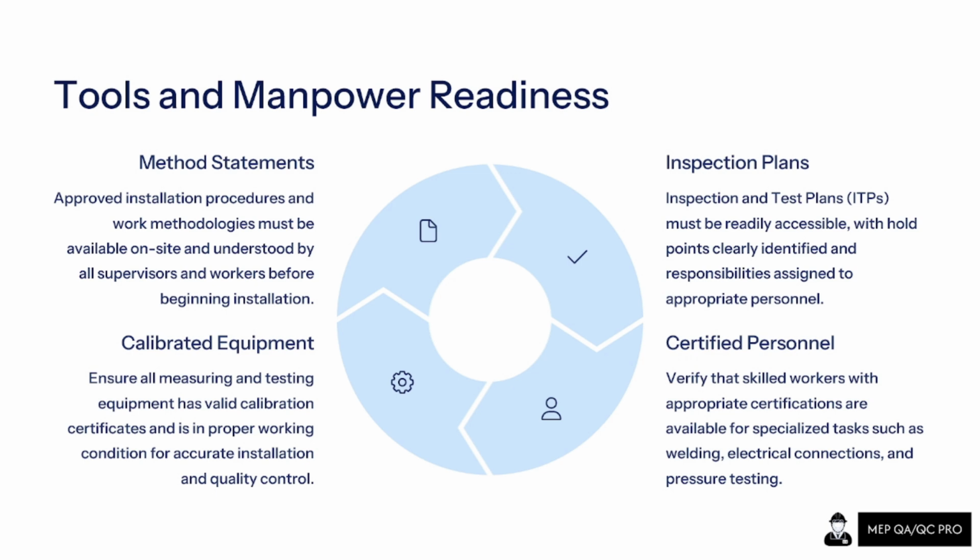That will be identified in the inspection test plan. The inspection test plan must be readable, accessible, with hold points clearly identified and responsibilities assigned to the appropriate personnel. So that is all about ITPs.